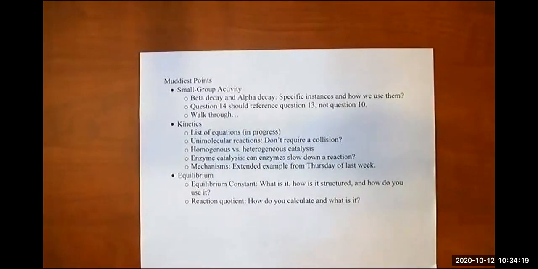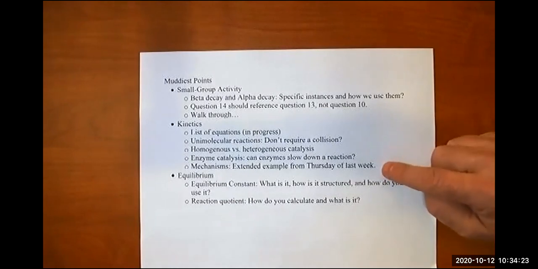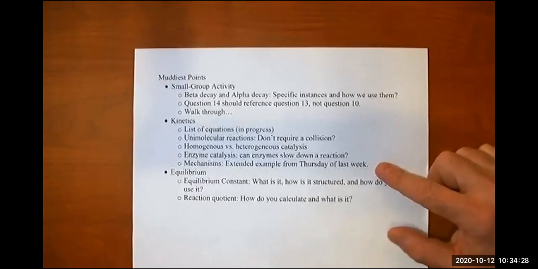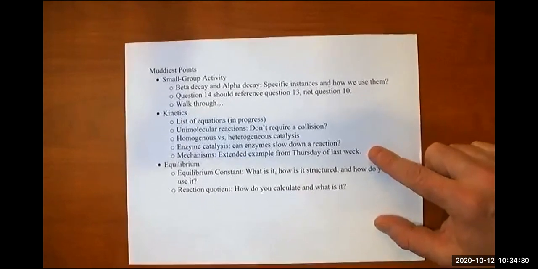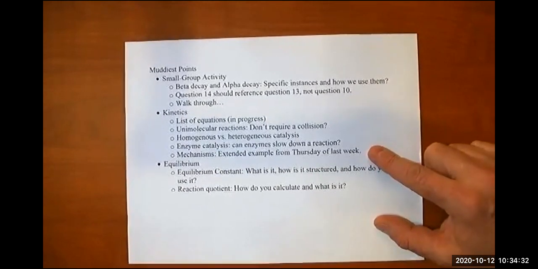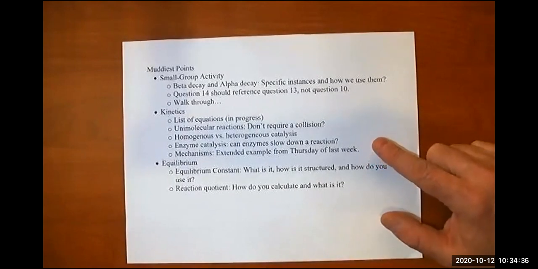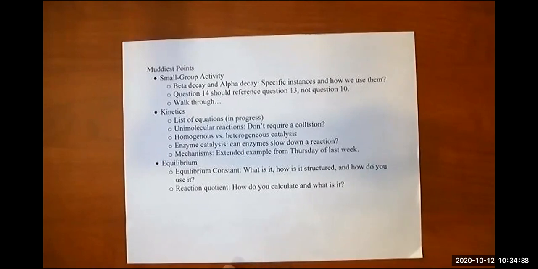There also was, let me see, last week on Thursday, I went through an extended example on analyzing kinetic mechanisms. The particular example is interesting because it was a given overall reaction, but which had two different proposed mechanisms.